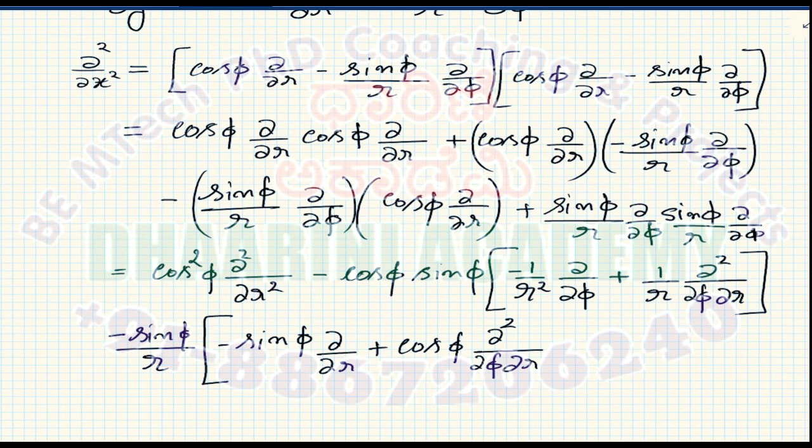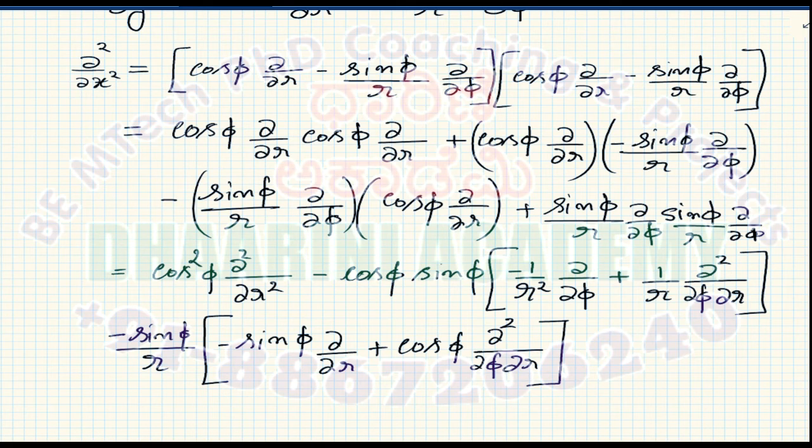You can write dou r dou phi as well, because from the basics of partial derivatives, we have already come across many situations wherein you can differentiate in any order whenever you are doing partial differentiation with two variables. So this is the third term, we got it.